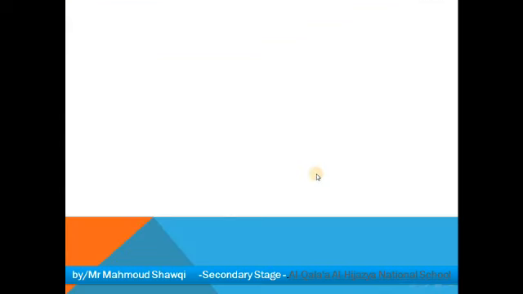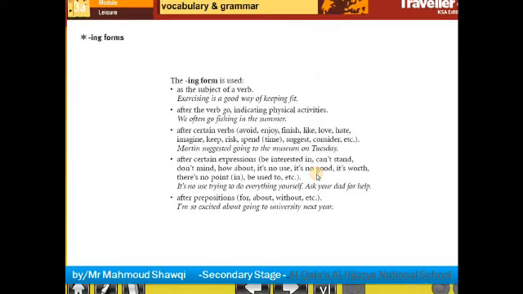Now let's move to the ing forms. The ing form is used in 5 cases. The first one, as the subject of a verb.